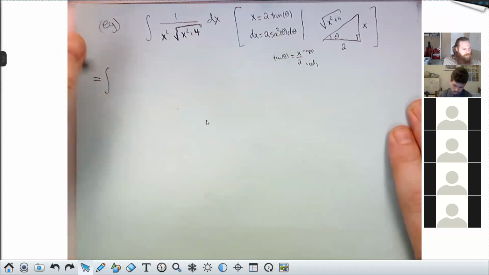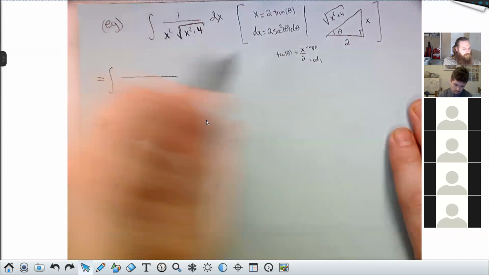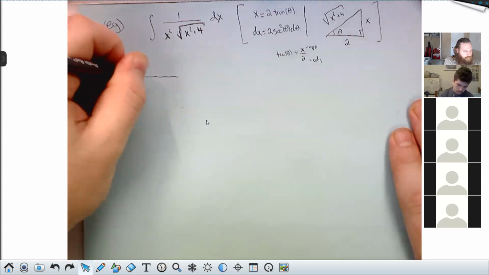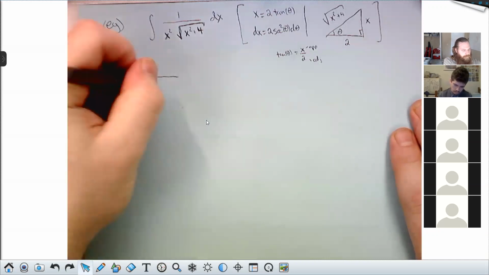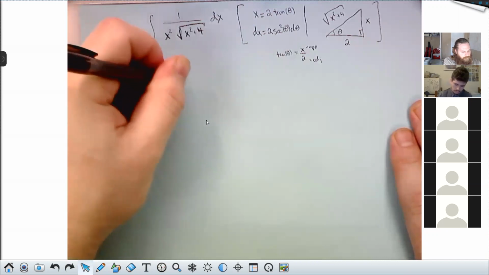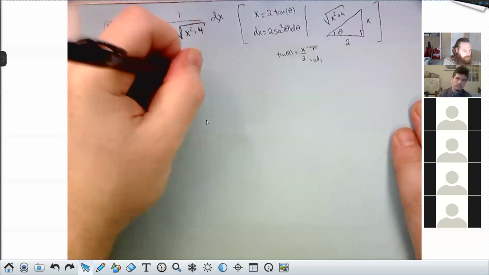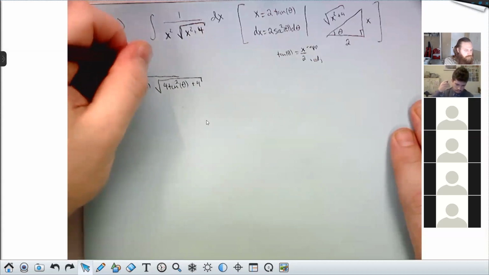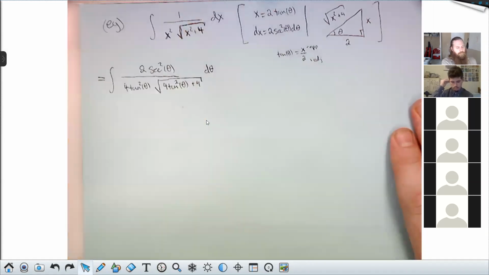And when I implement the substitution, most of the work is downstairs. x squared is going to be 4 tan squared theta. That's just this piece. Then my square root is going to be the square root of 4 tan squared theta plus 4. And my differential, which I'll just put upstairs, is 2 secant squared theta d theta.